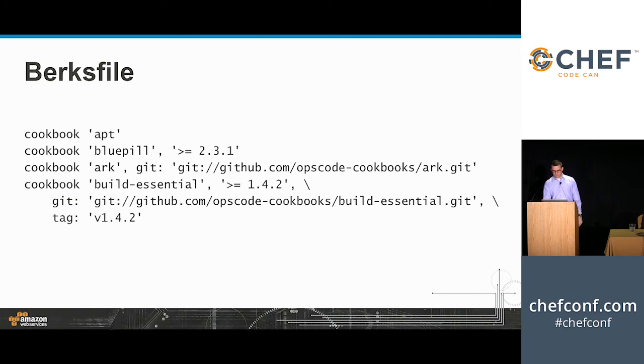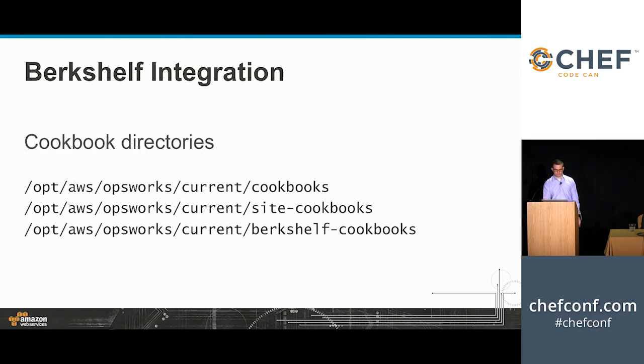What is important to call out is that if we look at those 3 repositories or cookbook paths, we have the same behavior as Chef Solo here, where you can actually override templates and recipes and attributes files by that order. So the first place we're looking for something will be in our cookbook directory, then in the site cookbooks, and then the Berkshelf cookbooks, and the last one wins in that sense.